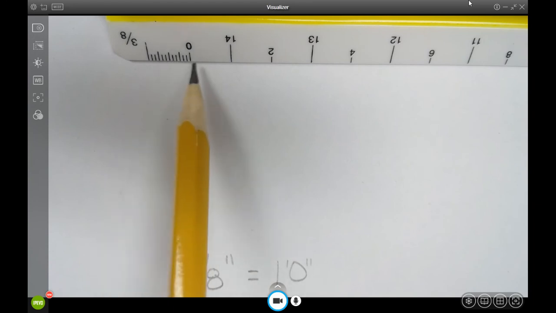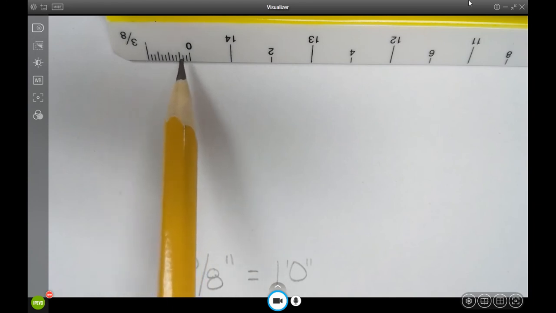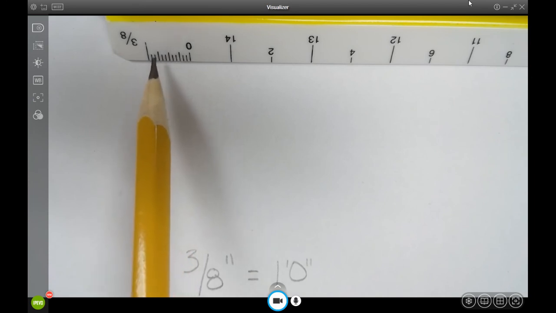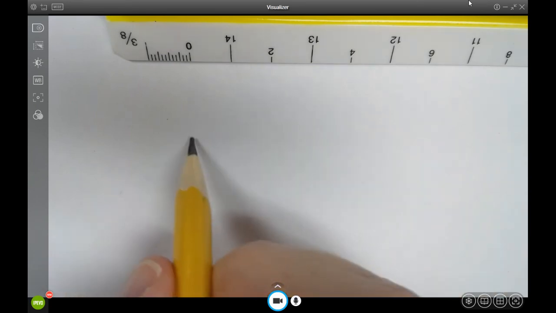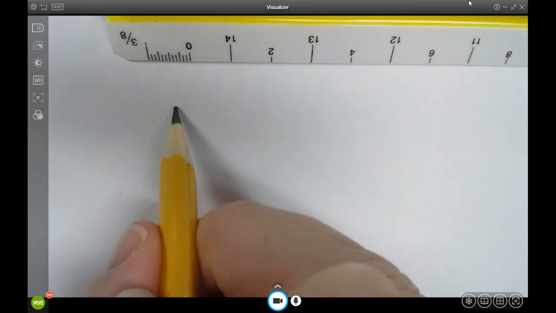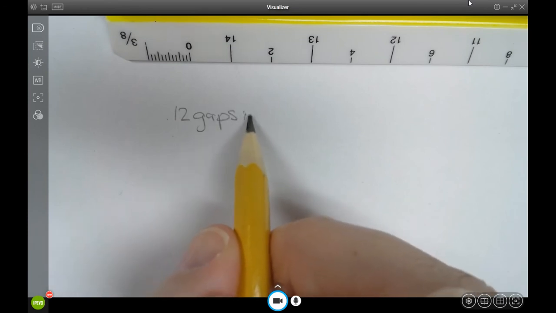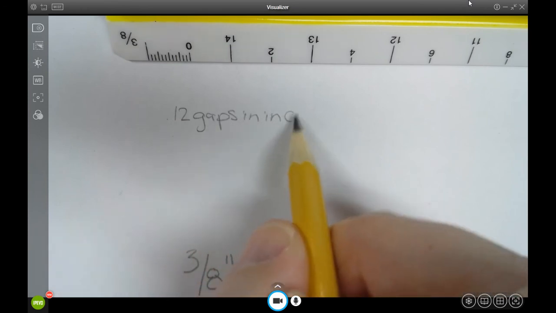We got to figure out how many lines there are in our inches section. So we have 1, 2, 3, 4, 5, 6, 7, 8, 9, 10, 11, 12. So we have 12 gaps or lines in our inch section.